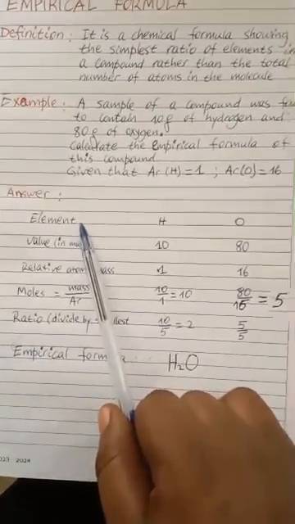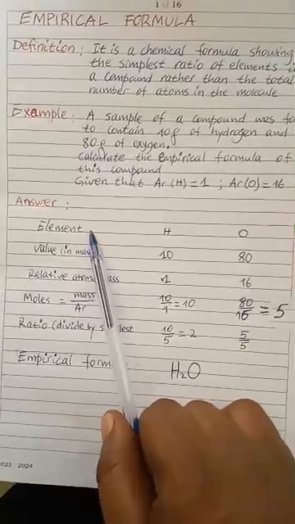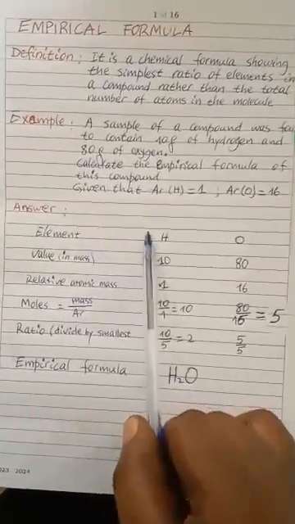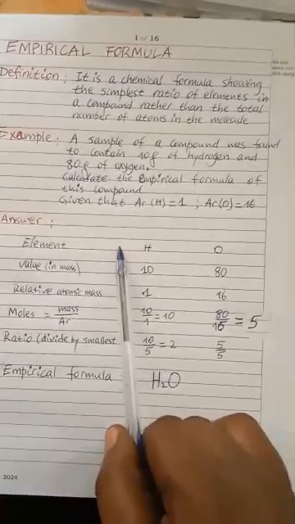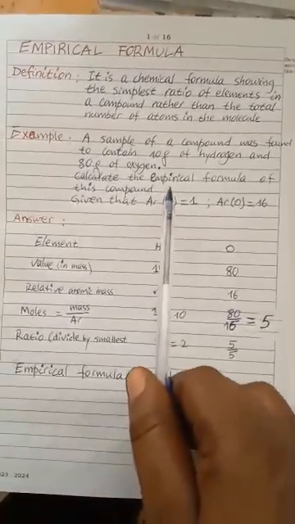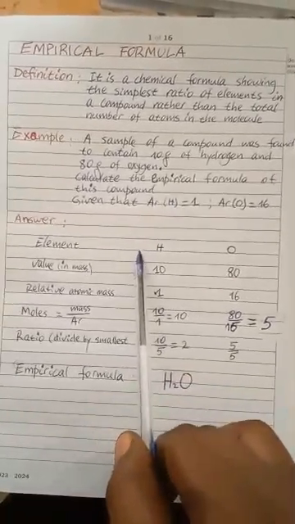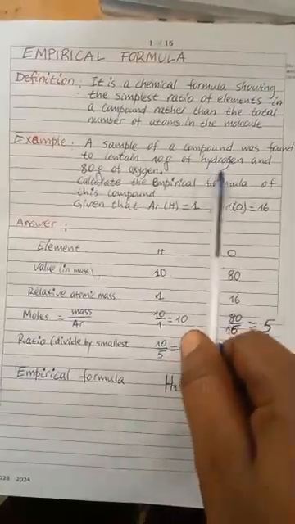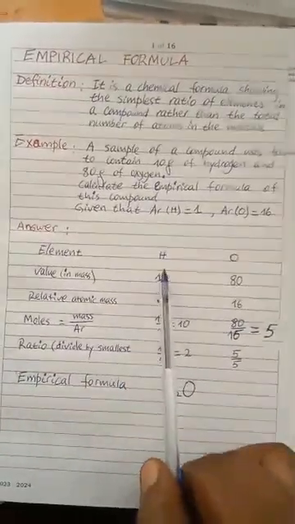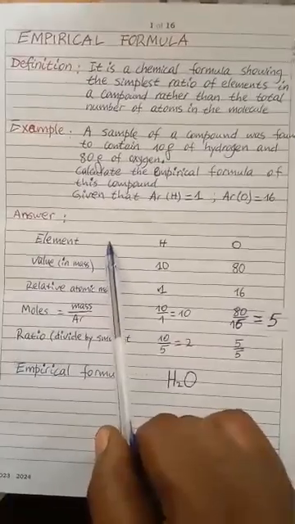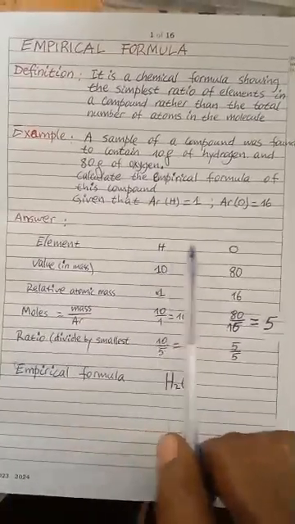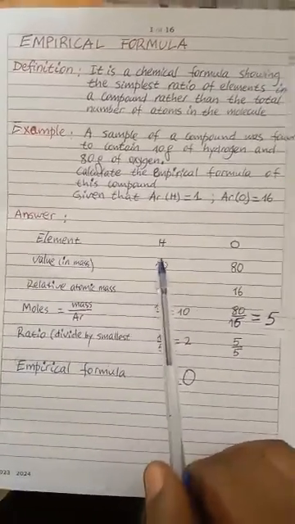The element is the first thing that we have to identify. What are the elements in this compound? Depending on how the question is asked, we have hydrogen and oxygen, so we write these elements down.